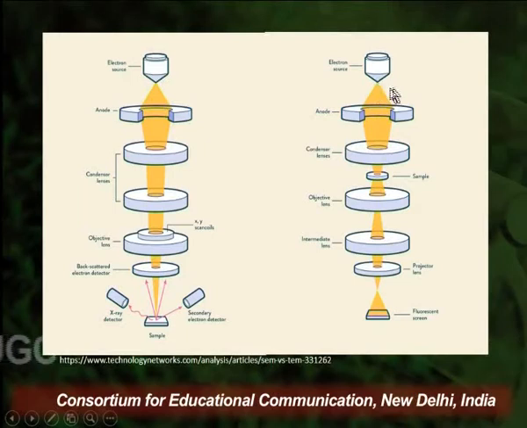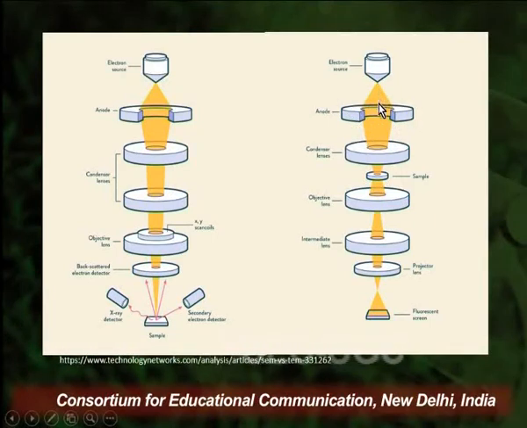So from an electron gun, or from a source from where electron rays are generated or emitted, these electron beams pass through some lenses. We will talk about the nature of these lenses, but for now we will call them lenses only.